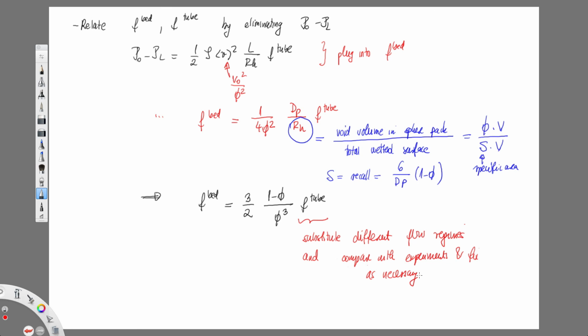And we will ultimately, from these measurements of F bed and relating them to the Reynolds number, get different relationships. Ultimately, they're typically expressed for pressure drop. In laminar flow regime, that relationship would be very similar to, but not the same as, Carman-Kozeny, and it's going to be called Blake-Kozeny.